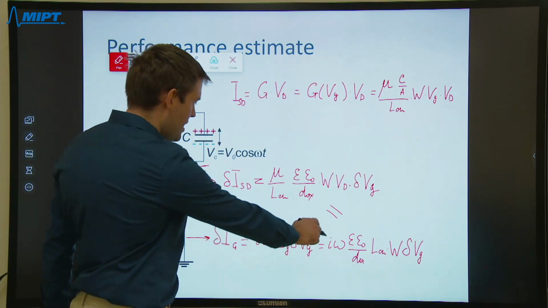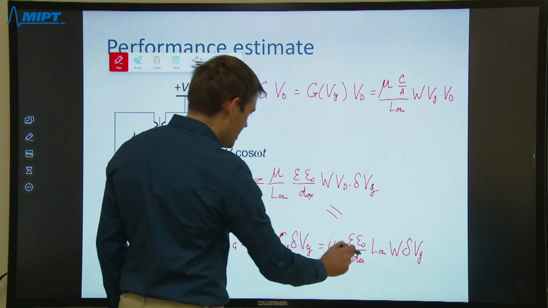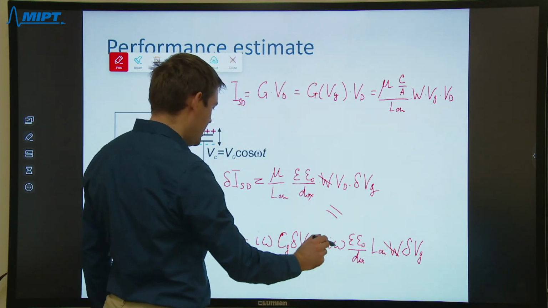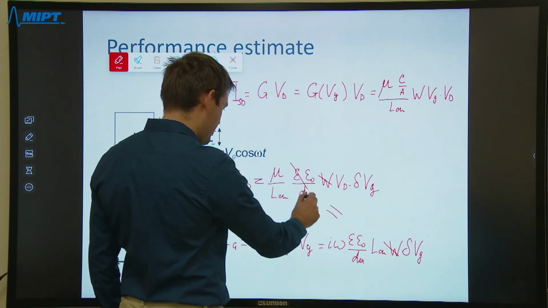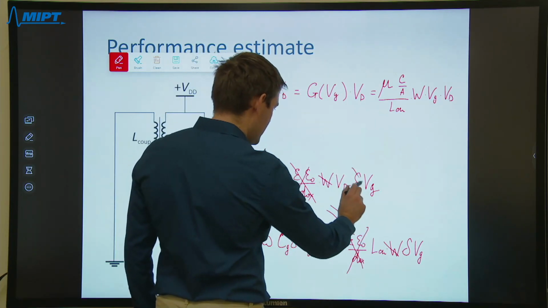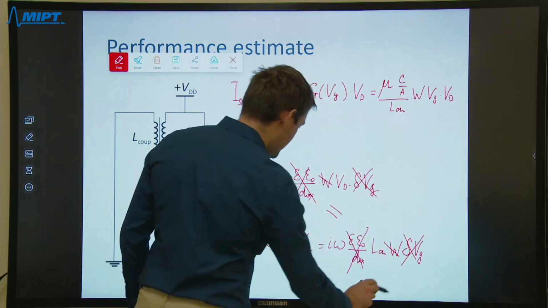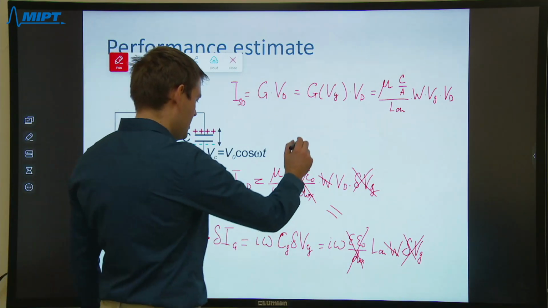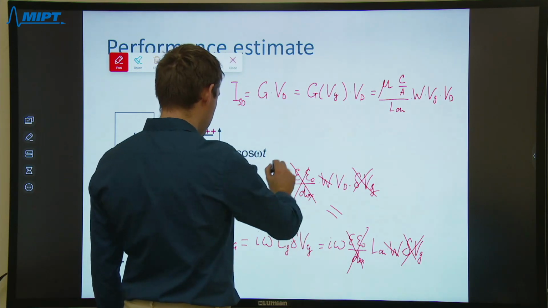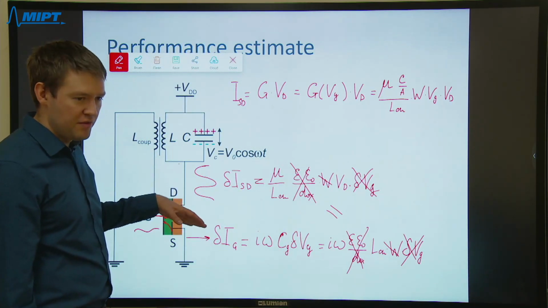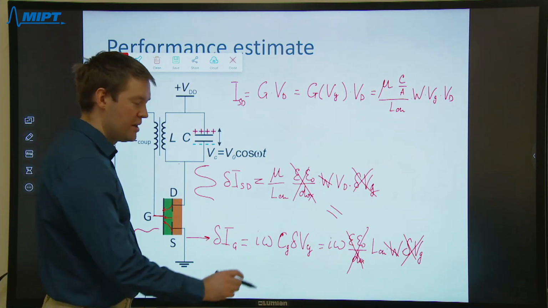So when we equate these two, we have large cancellations. Width goes away, capacitance per unit area goes away, gate voltage goes away, and for the frequency we get, of course we should take the modulus of these quantities because they are shifted by the phase by pi divided by 2.